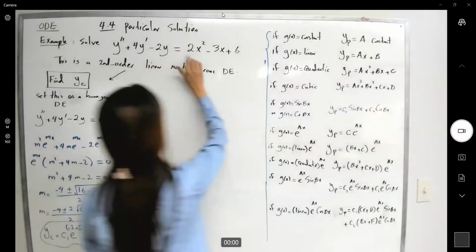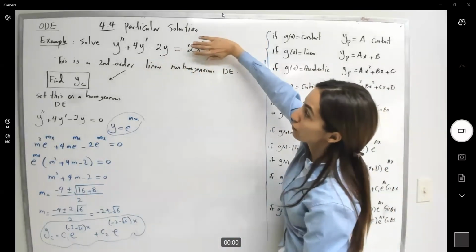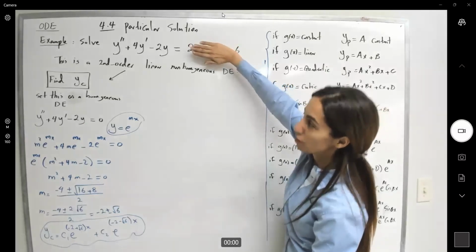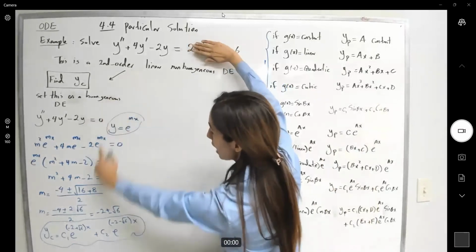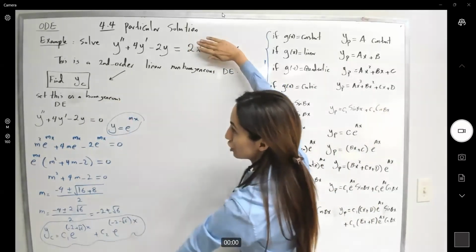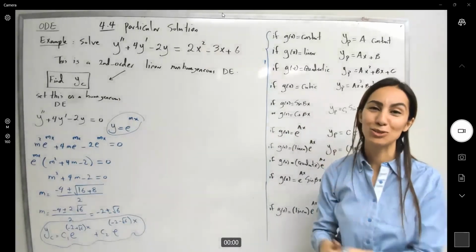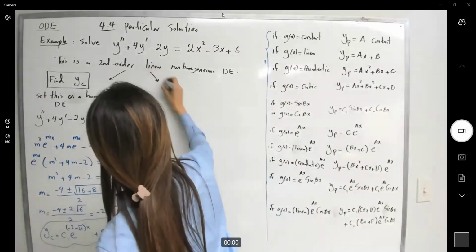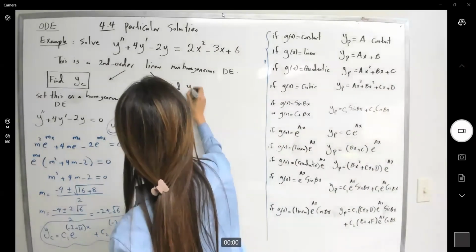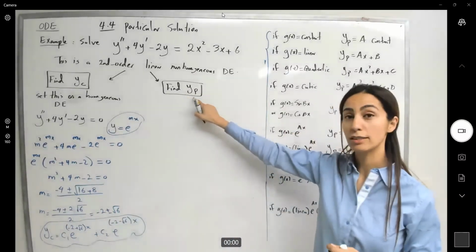To solve this differential equation, note that it's non-homogeneous. First we turn it into a homogeneous differential equation and solve for the homogeneous part. Now we have to find the particular solution, y sub p.